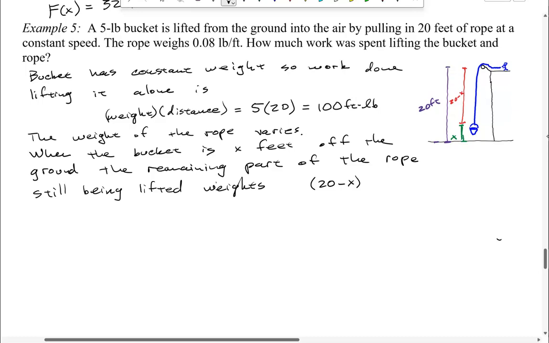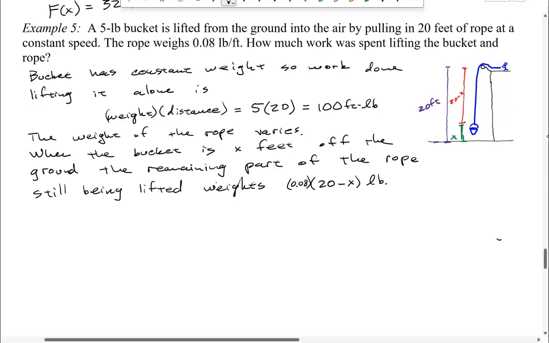That red distance. And they tell us in the question that this rope weighs 0.08 pounds per foot. So we multiply 0.08 times the length of rope, and that's going to be pounds. So that is our force that's being exerted just by the weight of the rope, right? It's again the weight per unit of length, and then the length of the rope is 20 minus x.